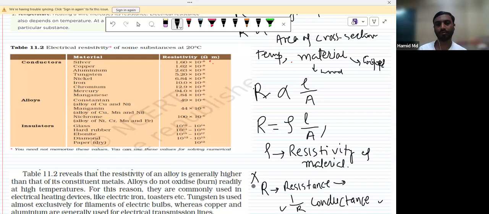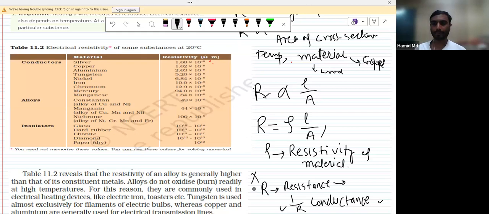The amount of resistance is the measure of how it obstructs the flow of current. And conductance is the amount of current being allowed to pass through a conductor. Resistance and conductance are reciprocal of each other.